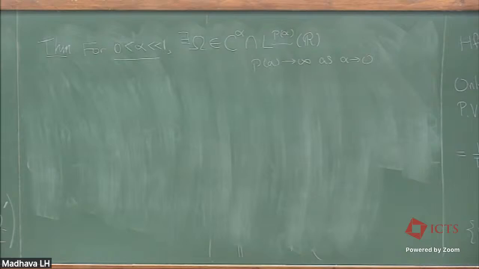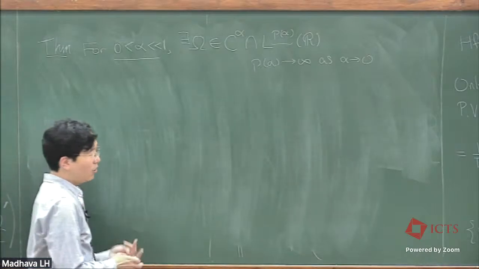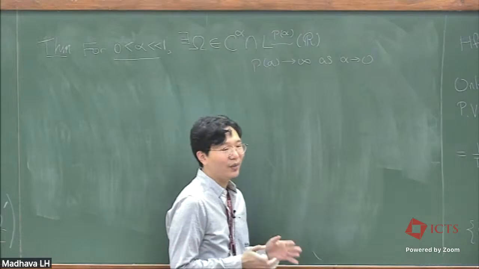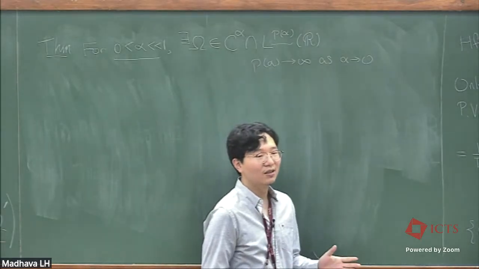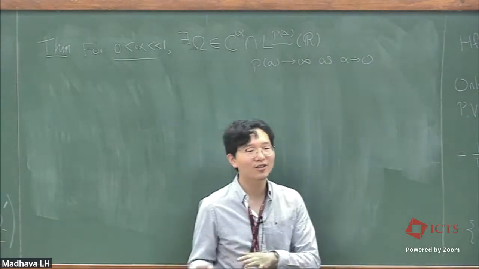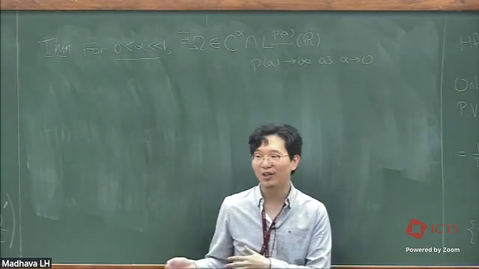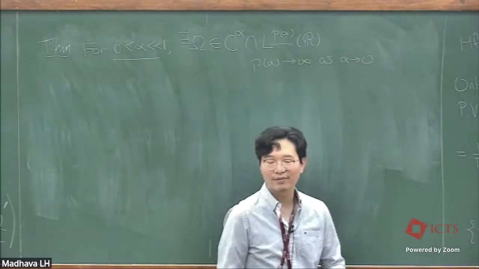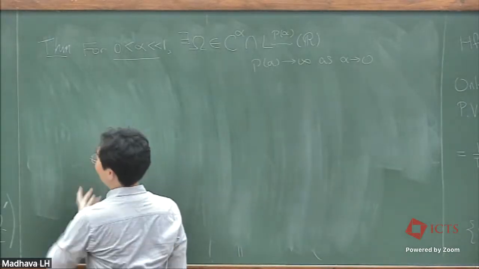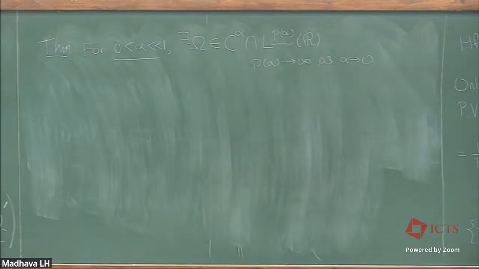We either find it by luck, by intense supercomputer simulation, or by some perturbation analysis from a solution that we already know of a different equation. And this result is of the last type.